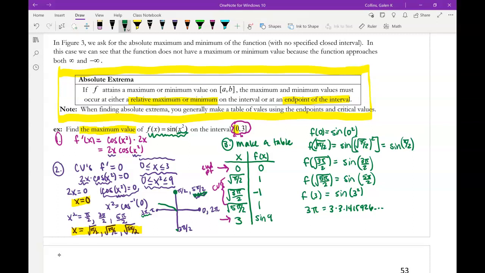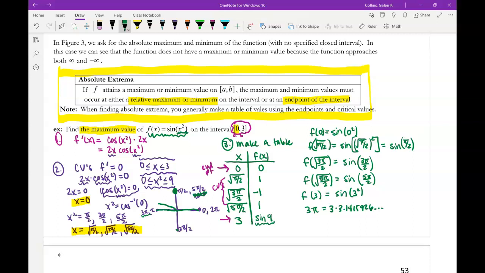But in our table, all we really need to do is write that this would be the sine of 9. And again, I don't expect you to know what that number is. I don't know what that number is without a calculator. But what I do need you to realize is that number is less than 1, because only at the top of my unit circle am I at positive 1. We know the sine of anything on the axis would be 0, because sine is our y value.